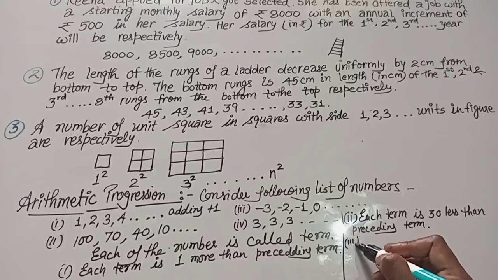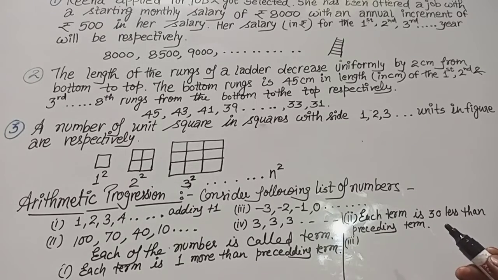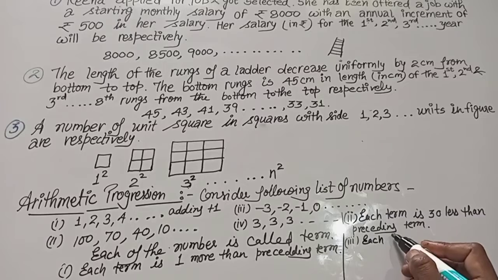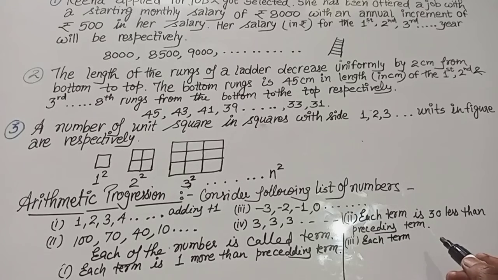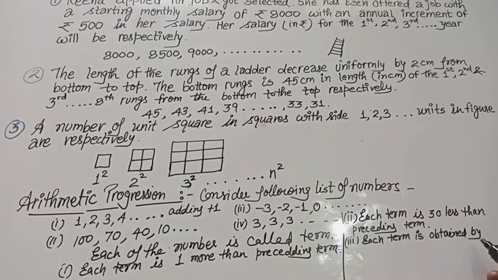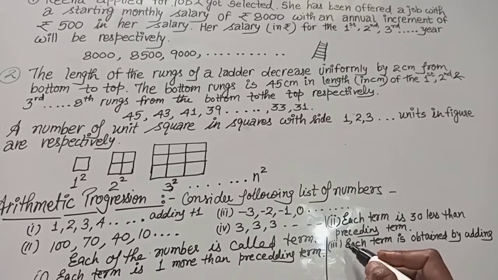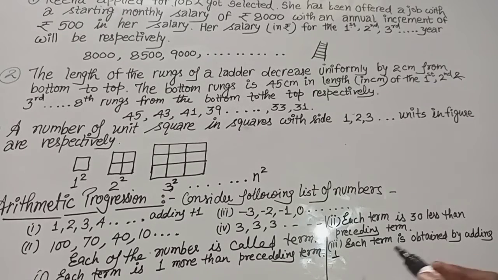The third one: each term is obtained by adding 1 to the preceding term.